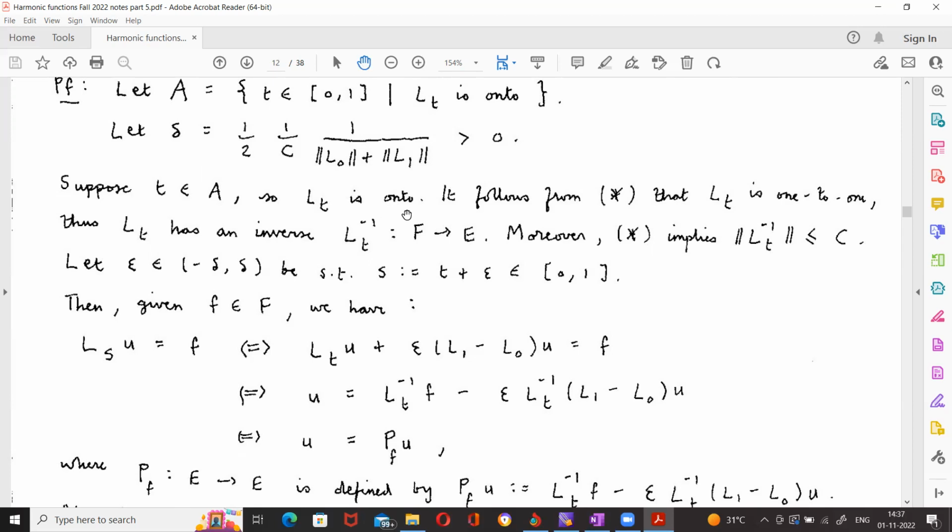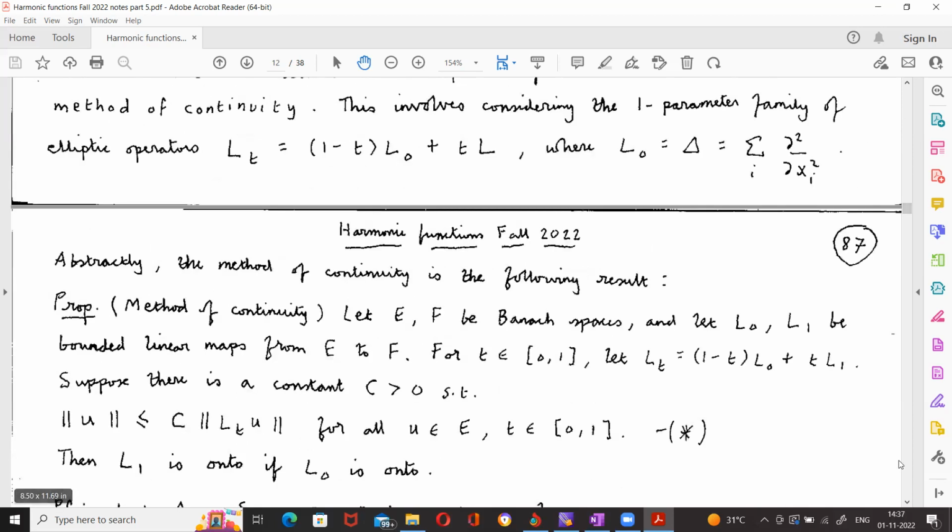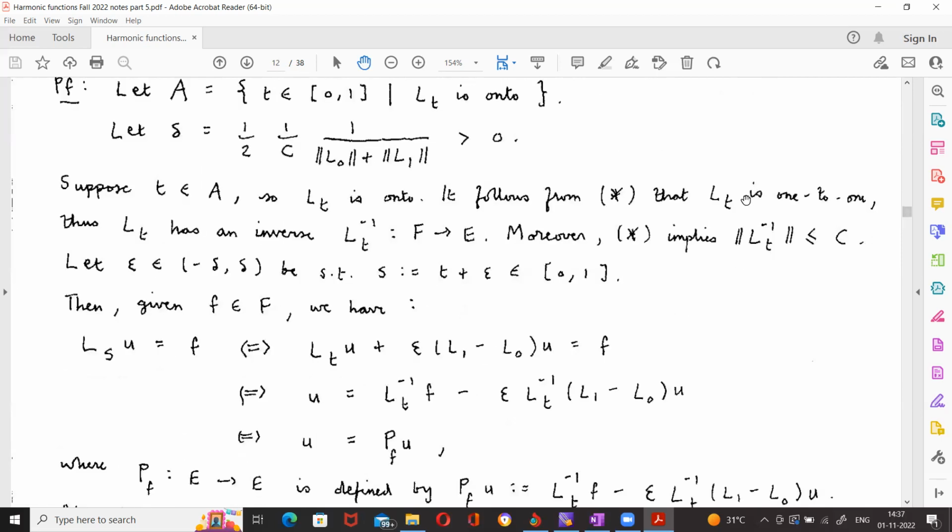As we've already observed, the given inequality implies that LT is one to one. If we're also assuming that it's onto, then it has an inverse, LT inverse. And as we've said, the norm of LT inverse, there's a typo here, I'm sorry.